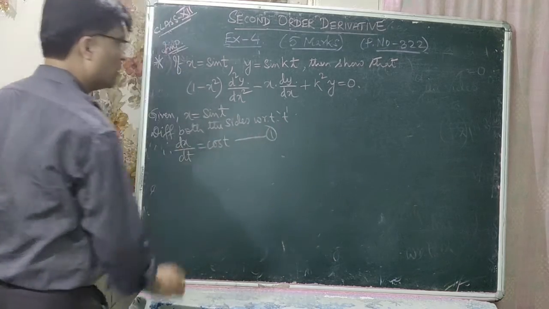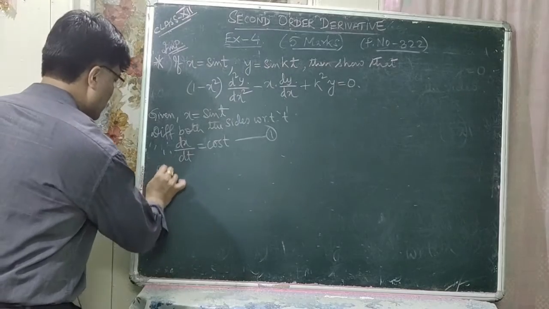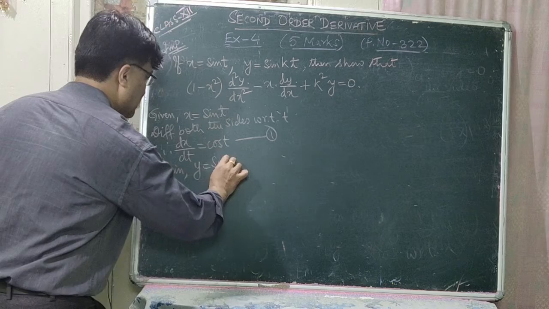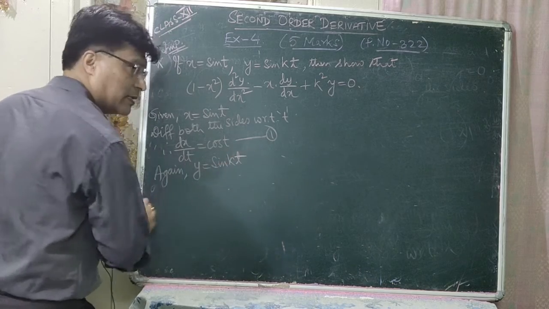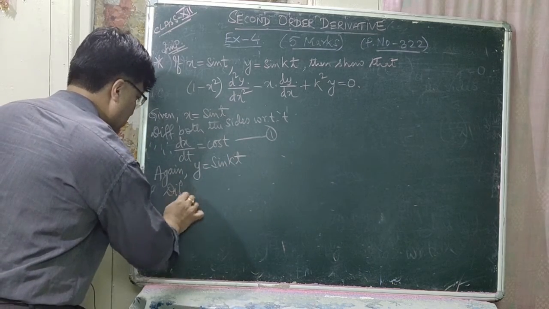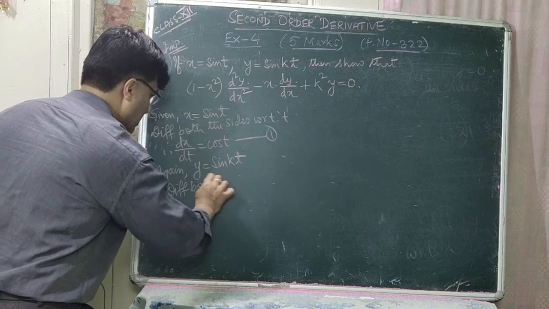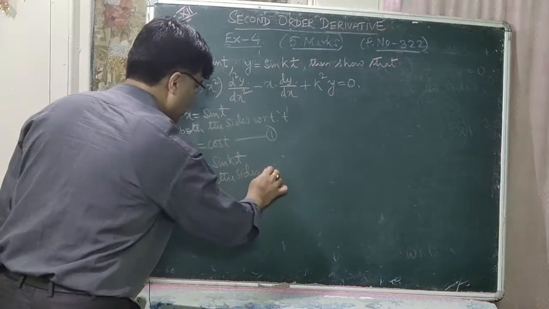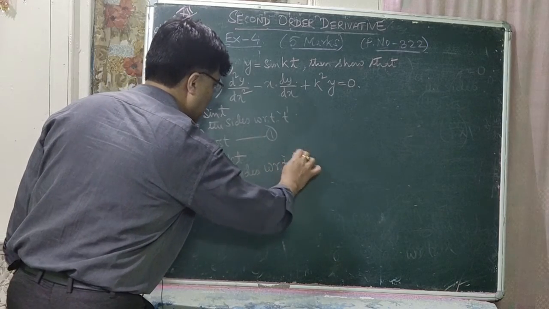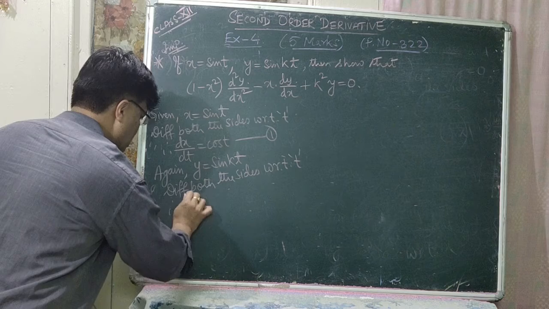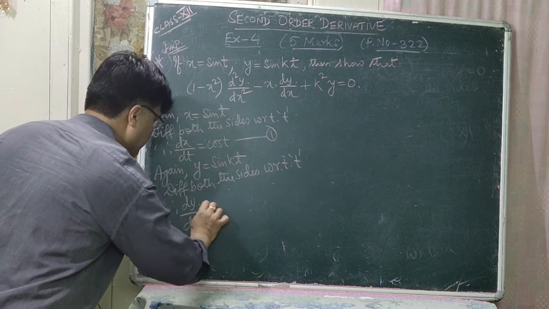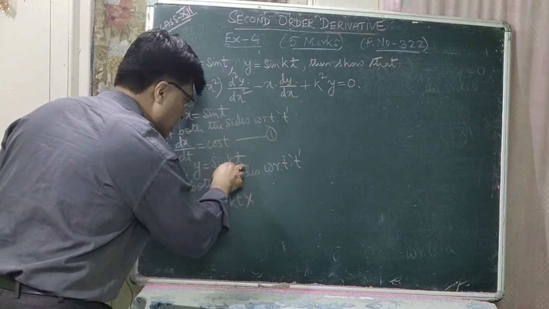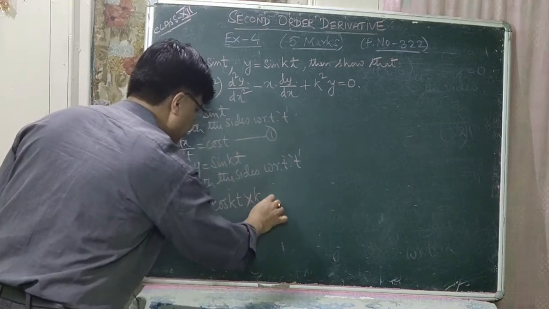Let us mark it number 1. Again y is equal to sine kt, right? So differentiating both the sides with respect to t, this is your dy by dt is equal to cos kt into, again differentiate kt with respect to t, which is k.